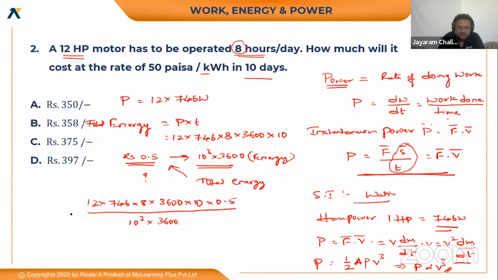This is the total amount. So 3600 you can remove here, 10 squared, and the 10 will be left over. So it is 12 into 746 into 8 into 0.5, which is 4, into 10 to the power of minus 2. You can multiply this entire thing and substitute there.